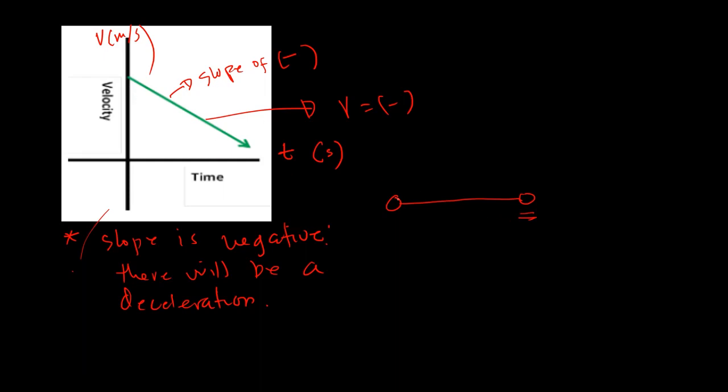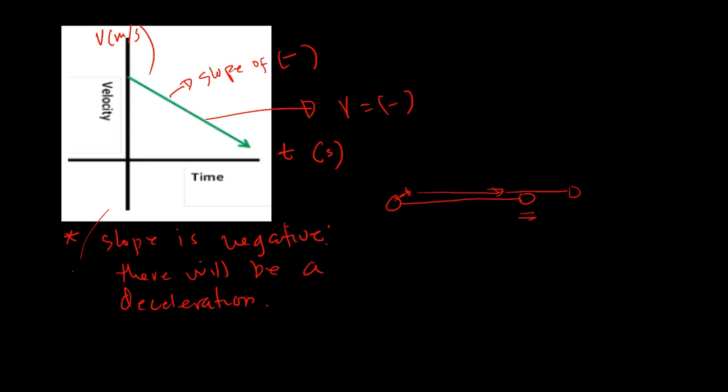The object started from a certain velocity, and at a certain point in time it slows down until it stops. The graph to illustrate that situation is like this one. The slope is negative, so there will be deceleration.